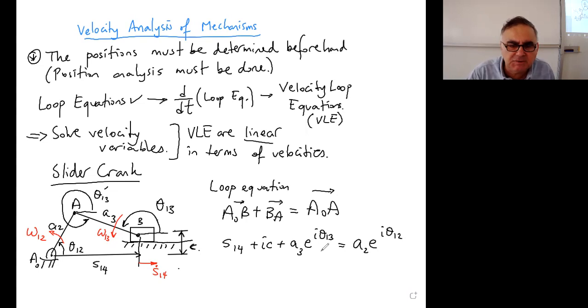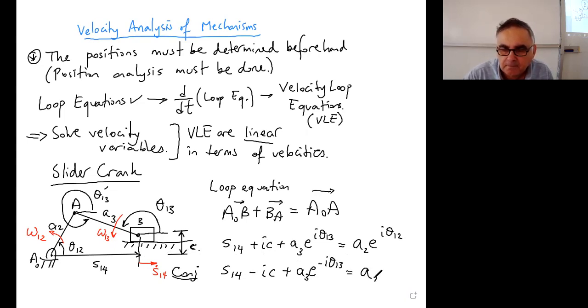So this is one equation. We can use the conjugate of this equation, as you remember. We did it for the position analysis as well. So for S14, wherever we see an i, we put a minus i. So this is the conjugate of that expression.